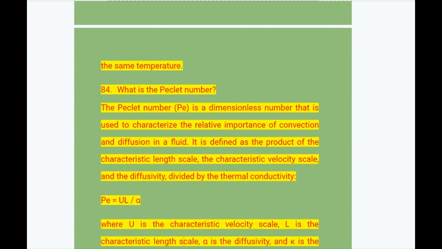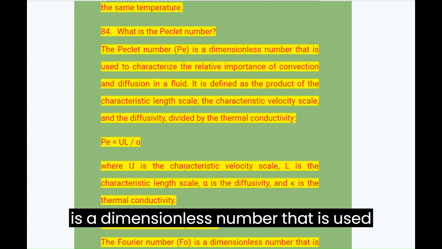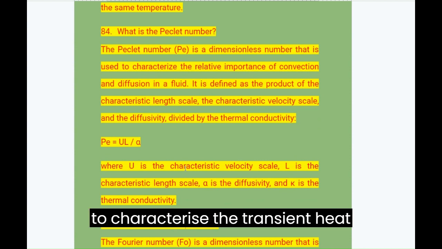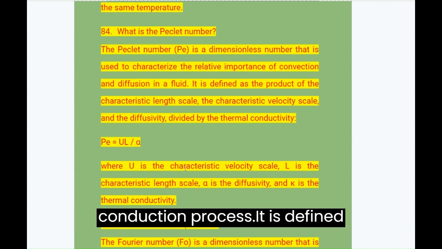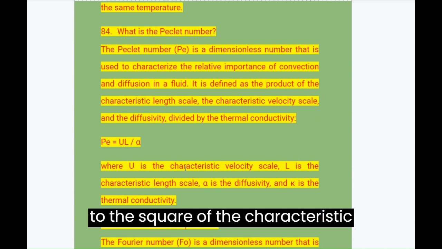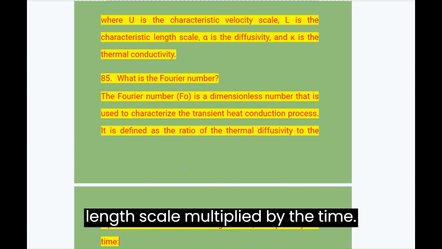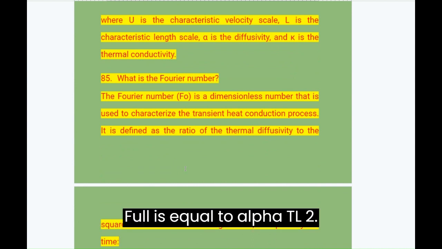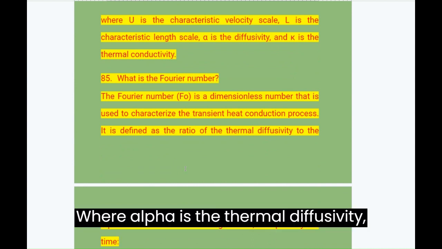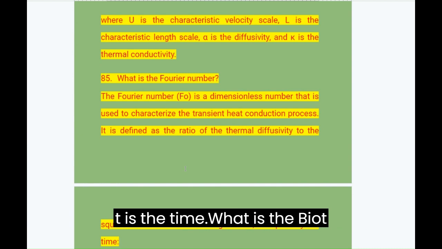What is the Fourier number? The Fourier number, Fo, is a dimensionless number that is used to characterize the transient heat conduction process. It is defined as the ratio of the thermal diffusivity multiplied by the time to the square of the characteristic length scale. Fo is equal to alpha t over L squared, where alpha is the thermal diffusivity, L is the characteristic length scale, and t is the time.